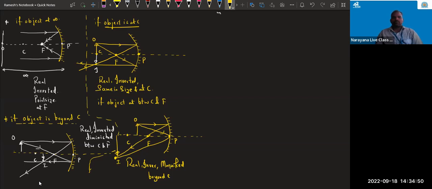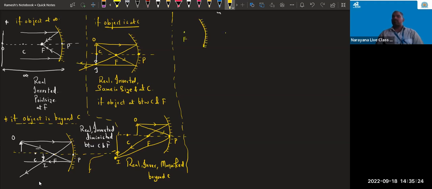Now, next one, where the object has been placed, tell me. At the point of focus, sorry, real focus. You should mention this clearly, students. Sometimes the question will say virtual focus of the concave mirror, so that side. The question will be mind bending in your exam. Where is real focus?